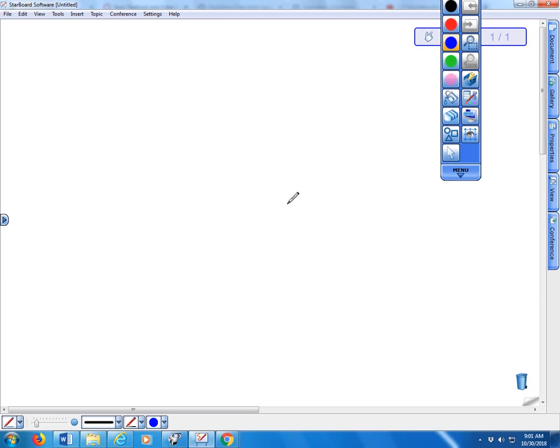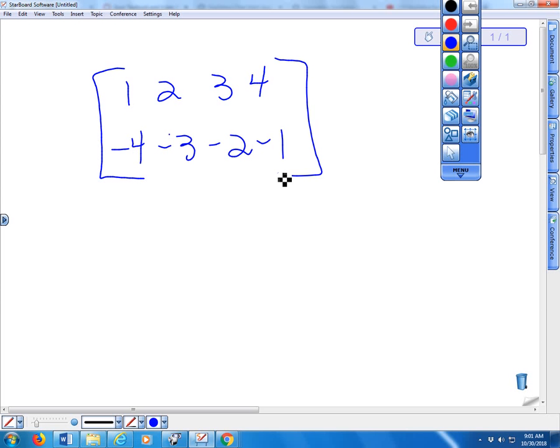So a matrix is represented, I'm just going to write one, with brackets. Later in the chapter, we're going to learn about something with straight lines around numbers, and there is a difference. So a matrix must have the brackets where it goes in at the top and bottom.